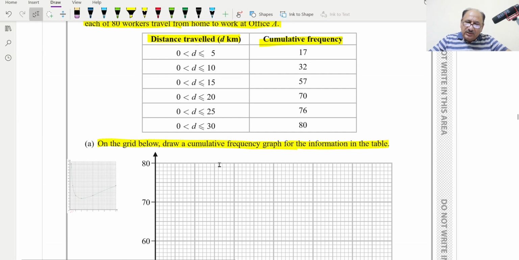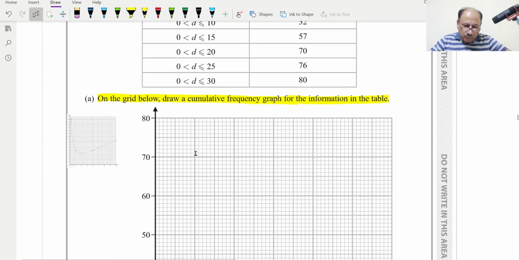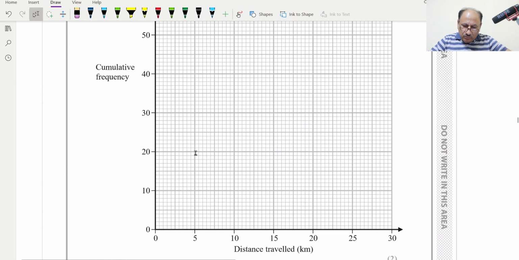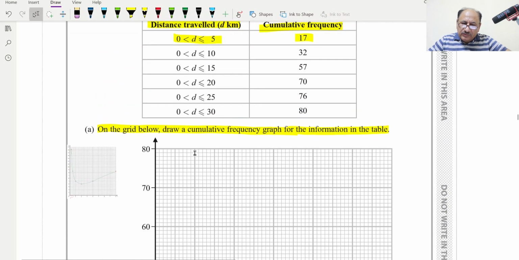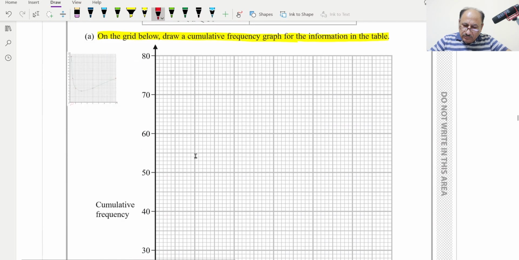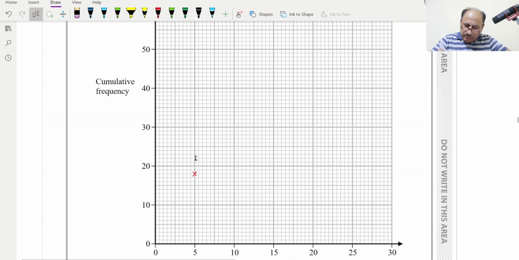So first one is 0 to 5 is 17, so we'll indicate 0 to 5 will be 17, and that indication will be 15, 16, 17 will be this mark. And next is 10 is for 32, so we will check 10, 32, and 31, 32 mark will be this one.